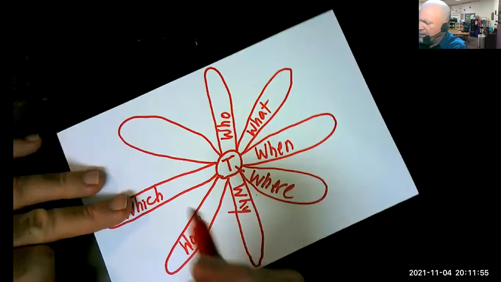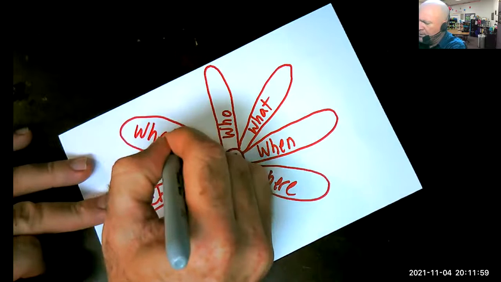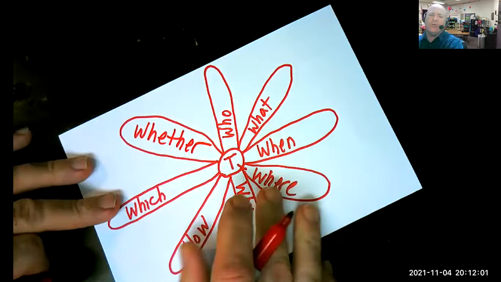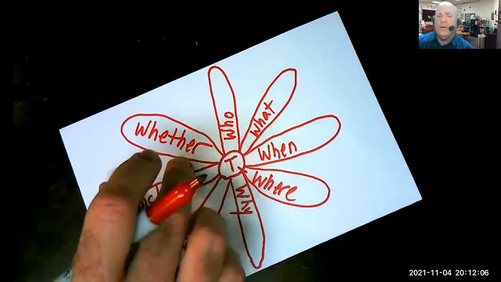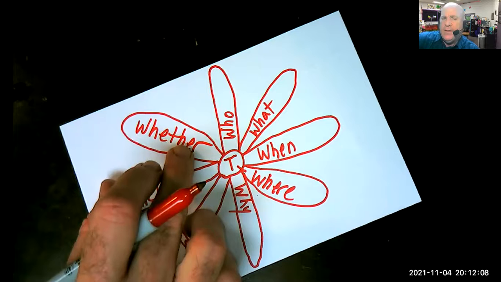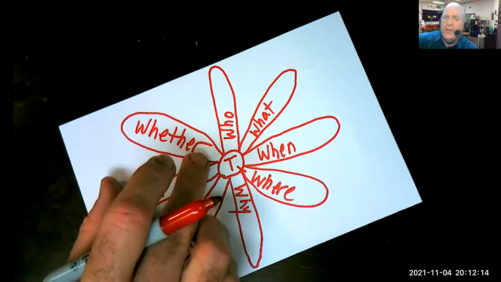And because I'm also talking to 10th grade teachers, write about whether or not something, in 10th grade, they have to take a position on something, and then they have to say why they believe that.